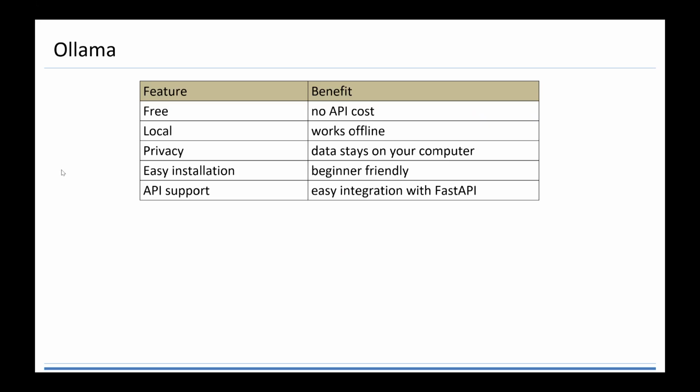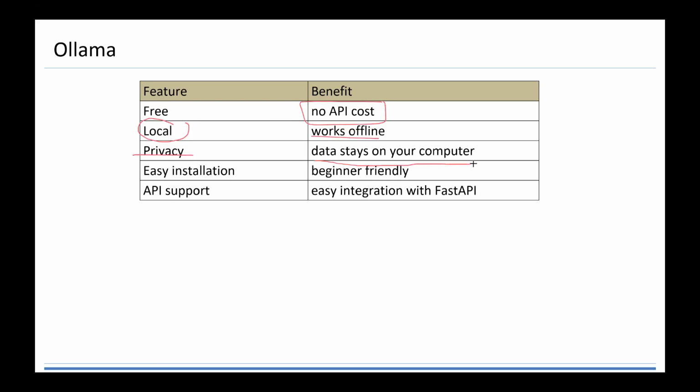So it's free, okay, because you don't need the API because it works in your own computer, and then it is in local. It means it can work offline. So without internet, you can still do. Maybe you can do the AI agent and other things, and the privacy.